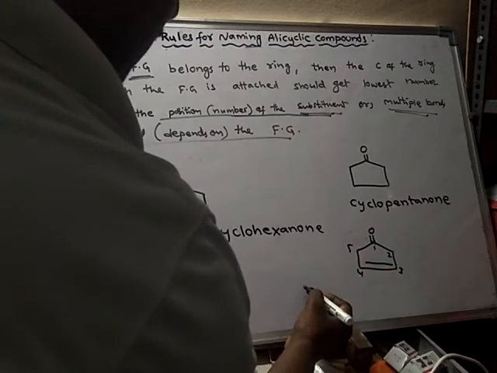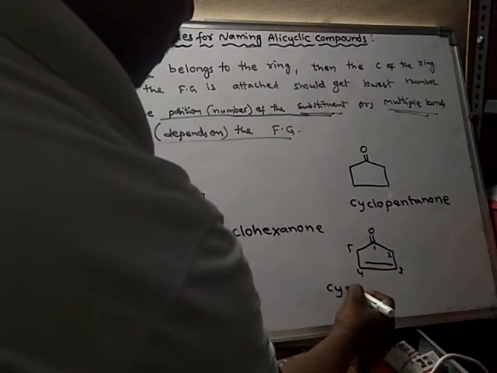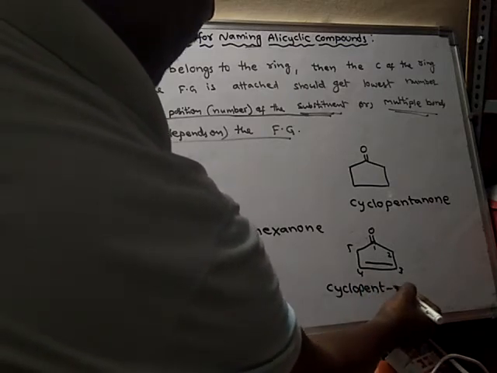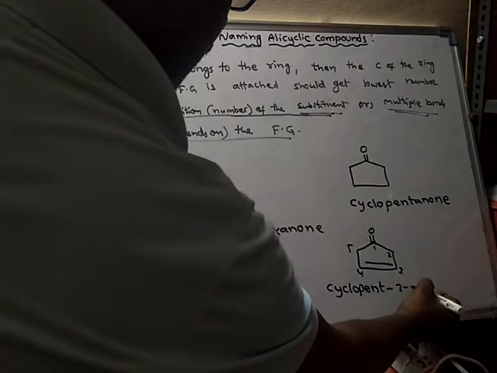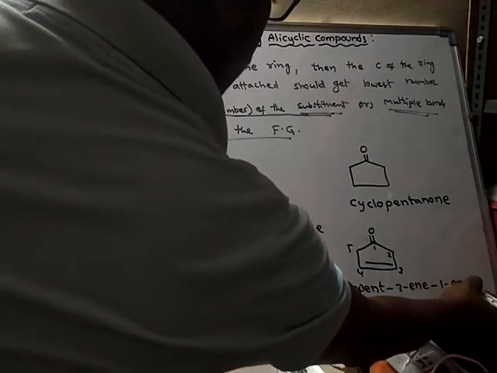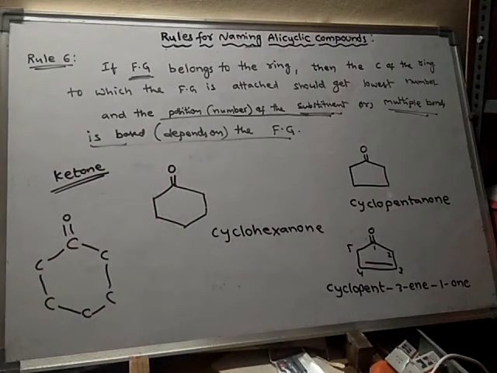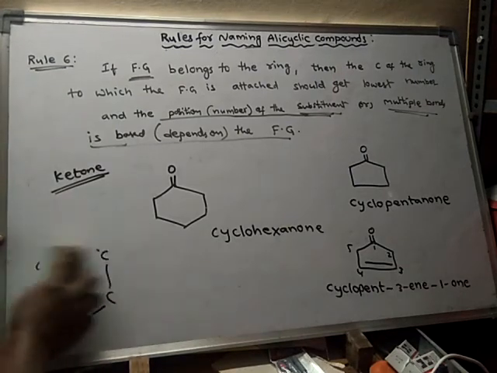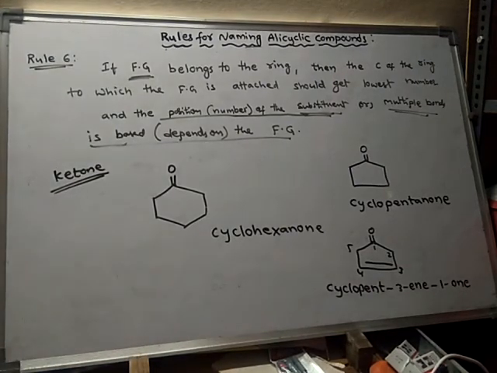So now the name will be like this: cyclopent-3-en-1-one. 3-en-1-one is the name of that compound. So like this, the name of the compound will be written when ketones are present. Right.